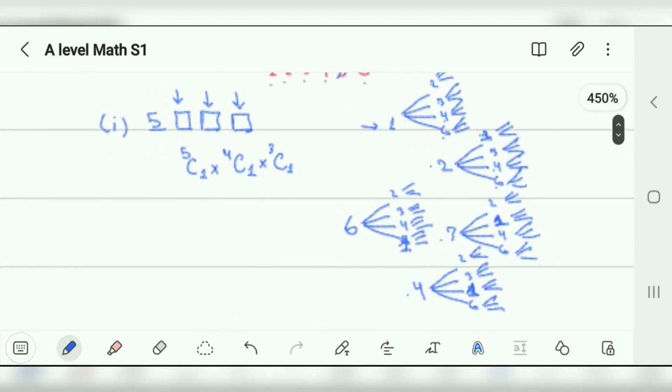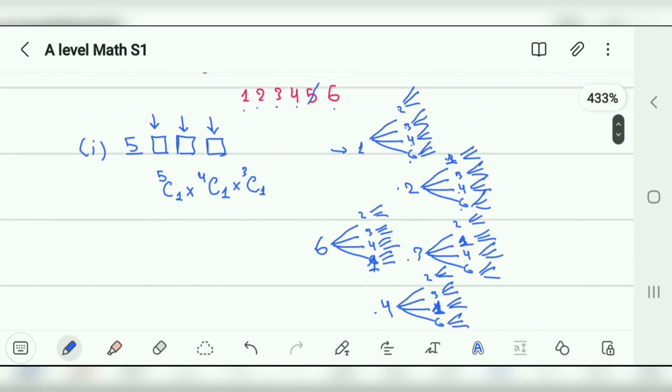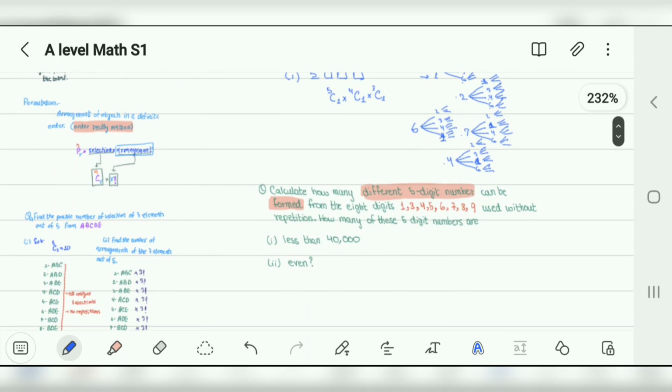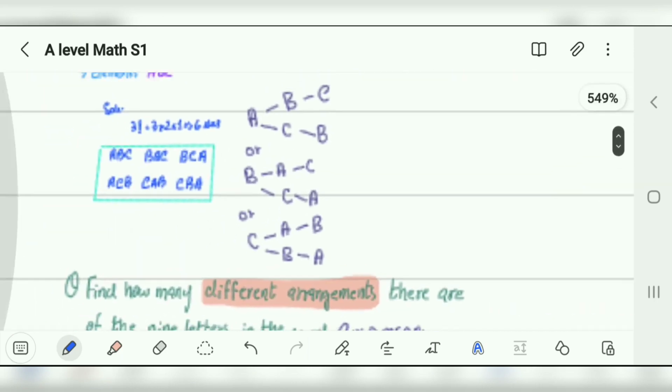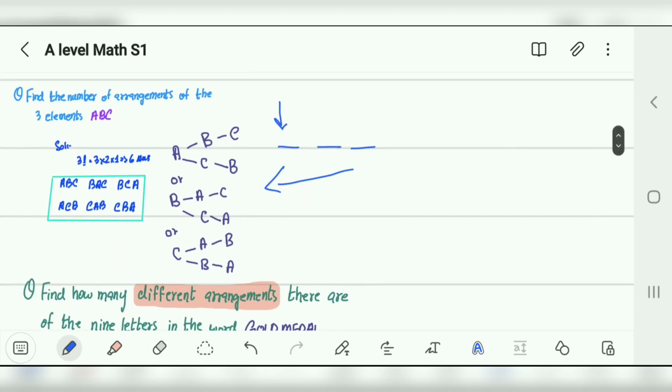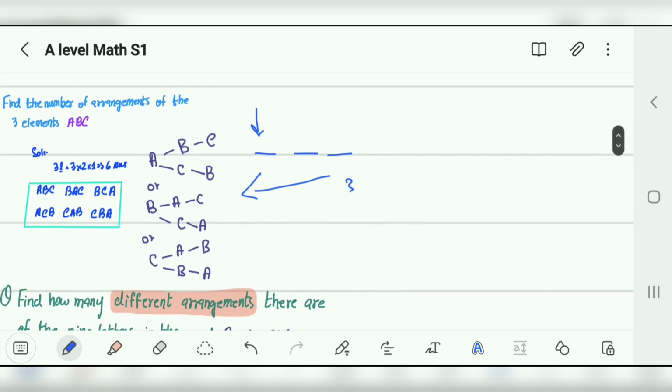Now you can see here that you have not just made a selection, but you have also made an arrangement. You can do the same thing here: there are three letters, and I want to know what I can take from here. So from the remaining three letters, I'll do 3C1.